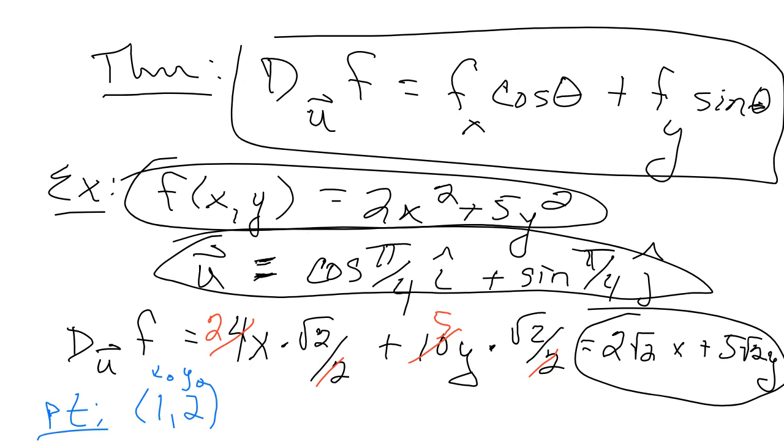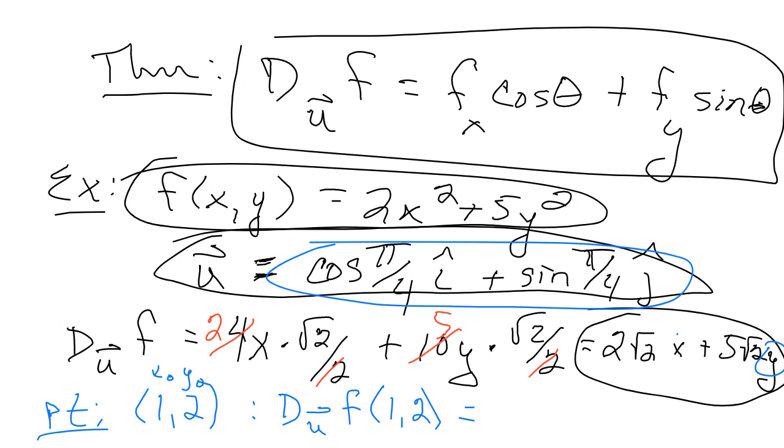What I could do then is just plug them in right here to figure out the directional derivative of f evaluated at 1, 2 in the direction of u vector.